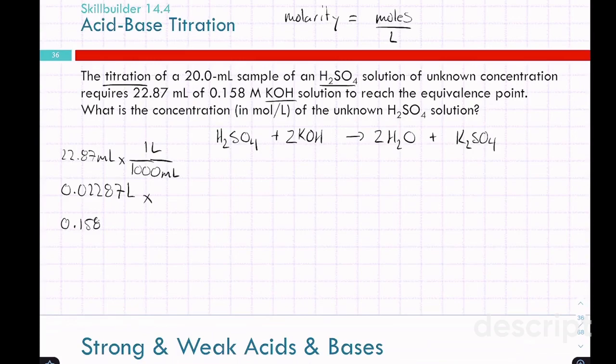So if we start with 0.02287 liters of KOH solution, and then we use molarity, which is moles over liters, so 0.158 moles of KOH for every 1 liter of KOH.